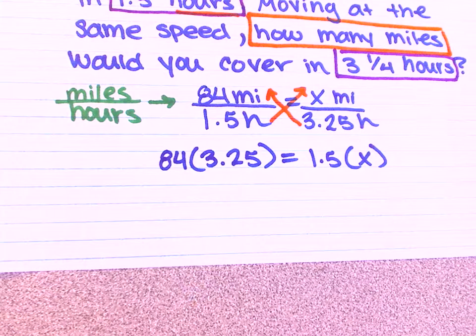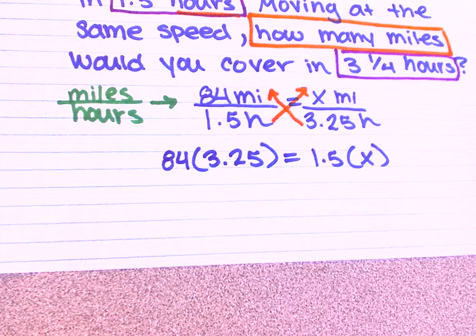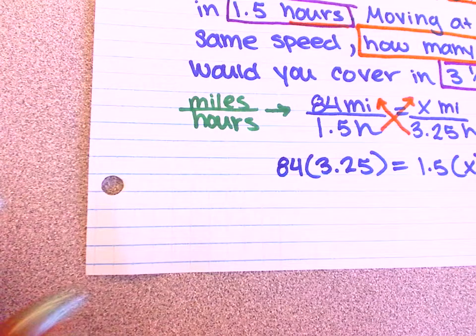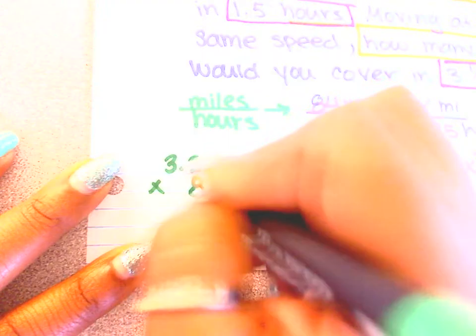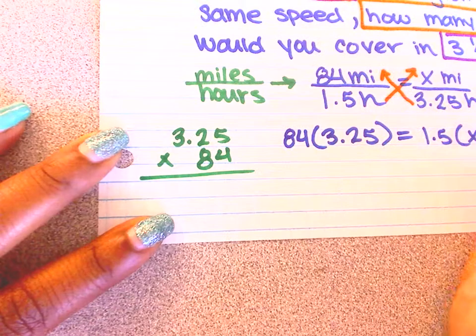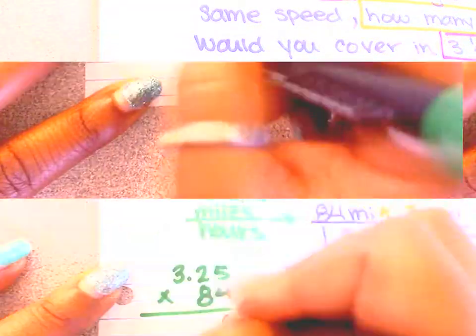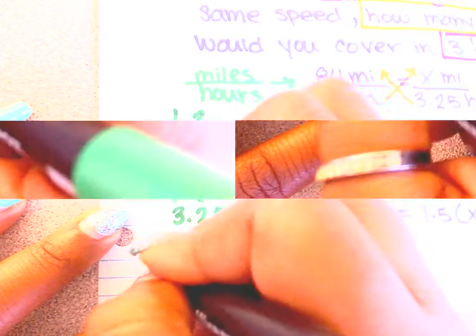Okay, so now 84 times 3.25, I'll do the math for you on the side so you can see. So I have 3.25 times 84. Okay, then I get 20, I get 10, I get 13.